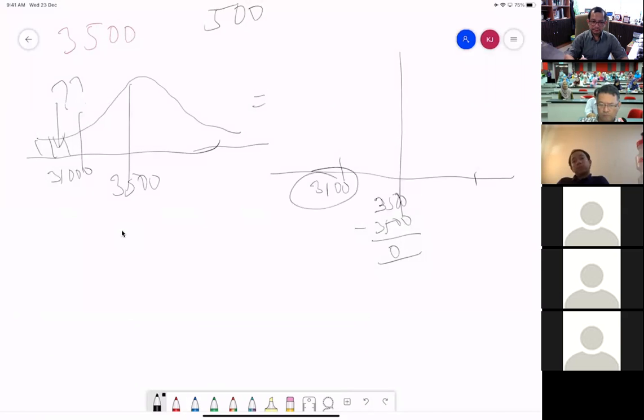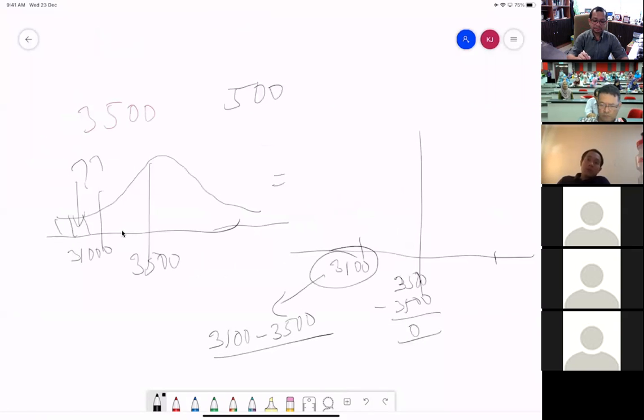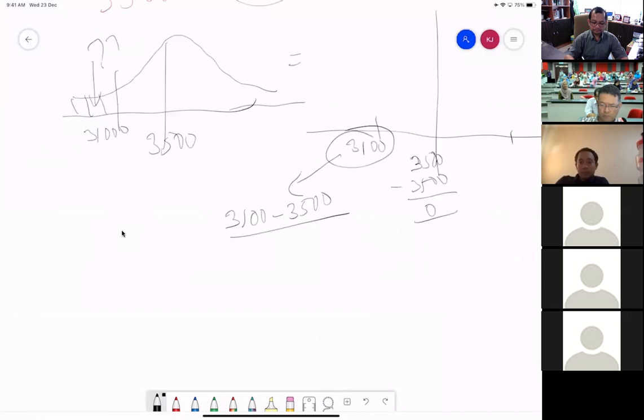So how to deal with this? 3,100 minus 3,500, divided by the standard deviation. The standard deviation is 500, equal to minus 0.8.